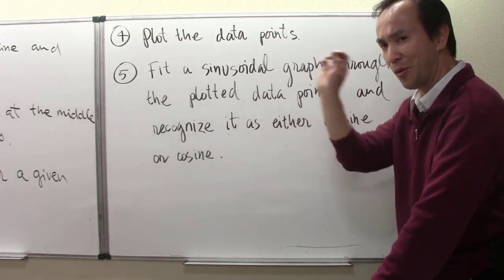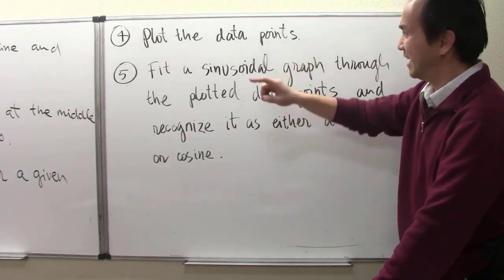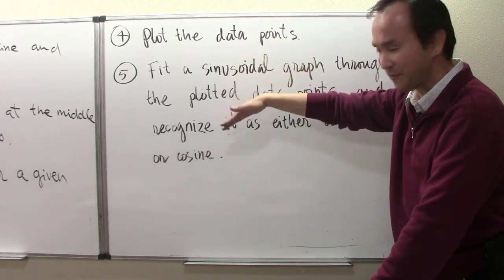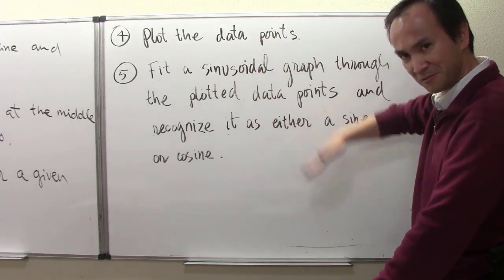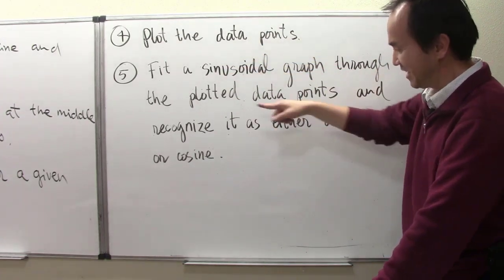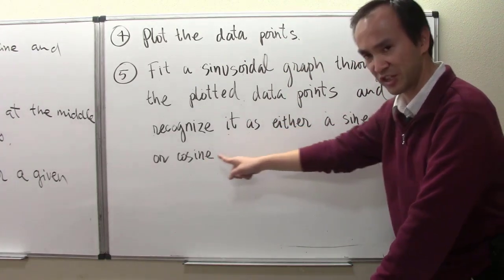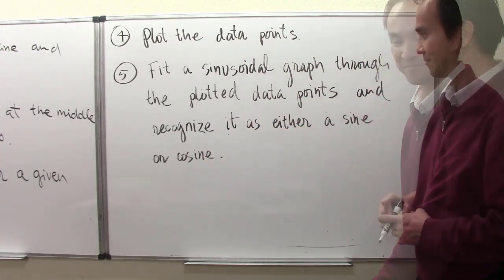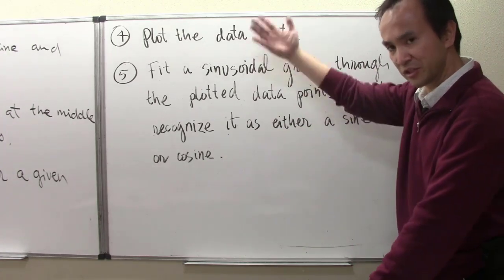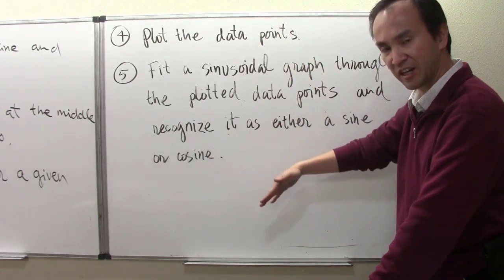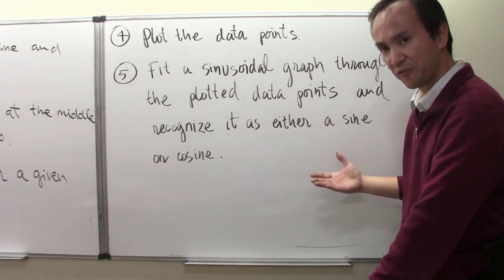So it's important that you choose a starting point, then you put in the data points, and then we fit a waving graph through these plotted points. That's how we can derive a sine or a cosine function. That is the general guideline of how I would recognize a modeling function.